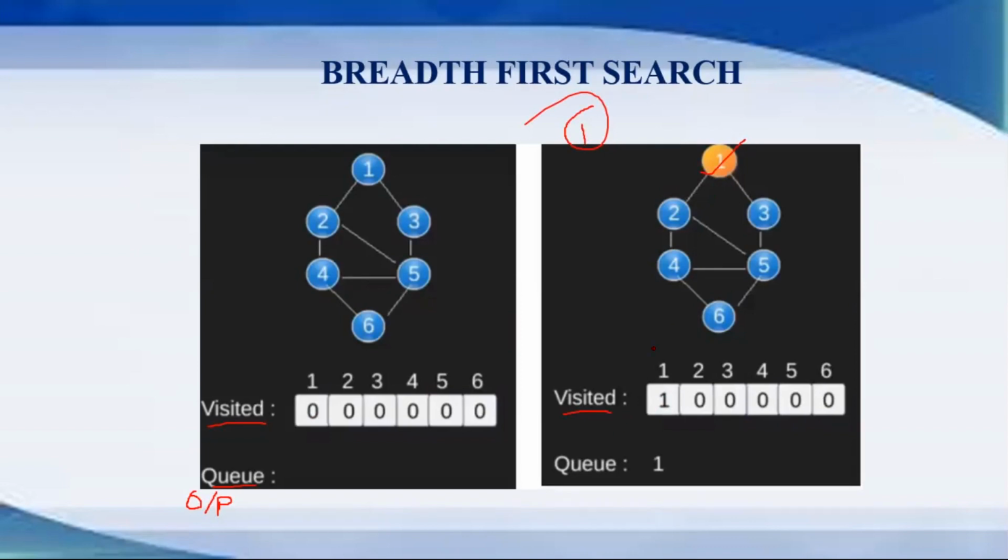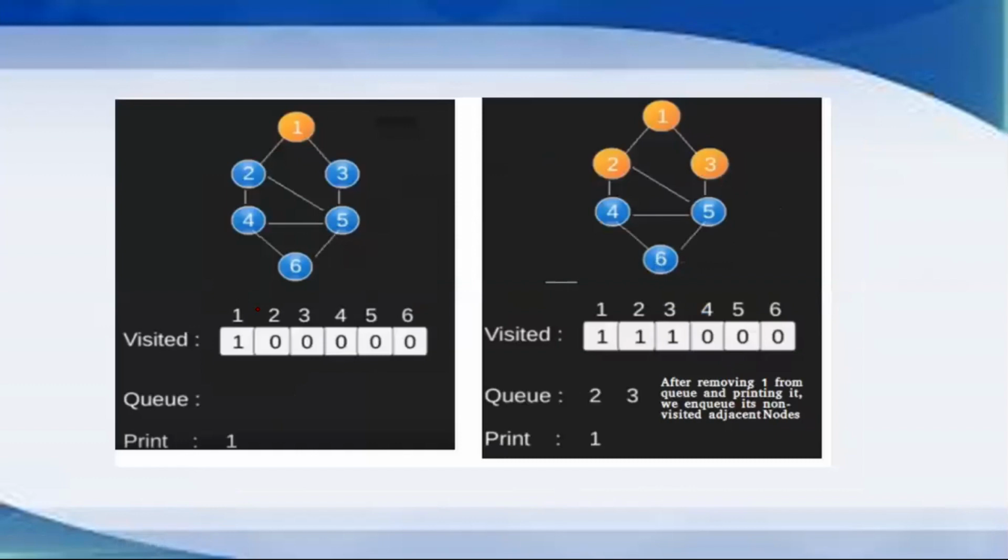Now we will put that 1 in a queue, right? So we have put this 1 in a queue, and as we know, it follows first in, first out, right? Then we will print that 1 in the output.